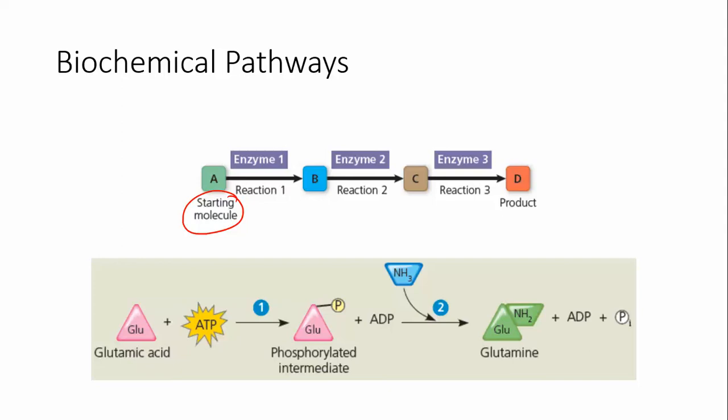On the bottom, we have what's more like a series of chemical reactions. So here we have molecules, glutamic acid, and then ATP, which hopefully you remember is the energy of the cell. And then what happens is a reaction that attaches a phosphate to this glutamic acid. And then you're going to have another chemical come into the reactions, ADP, and then you're going to add in this guy, an NH3, to make this molecule, and then those things can then go on to make more ATP.